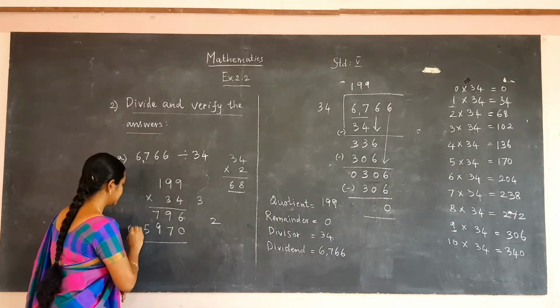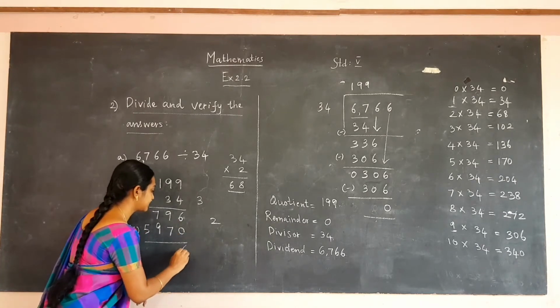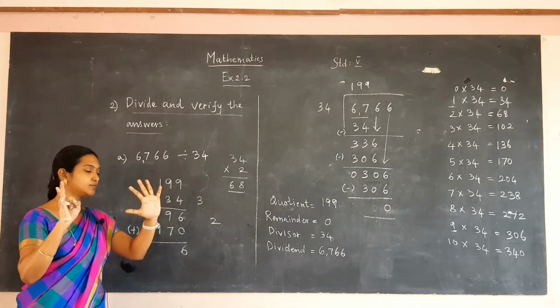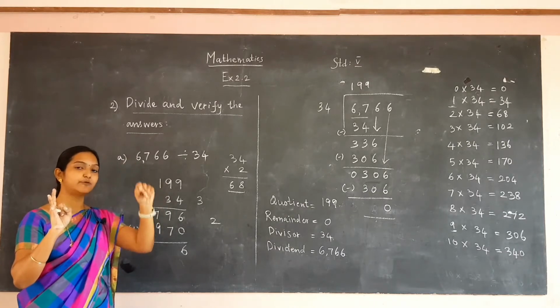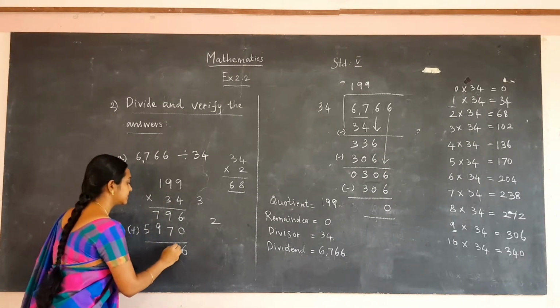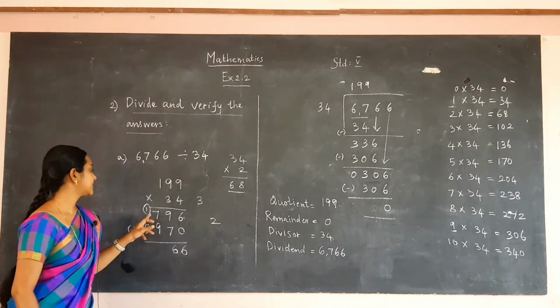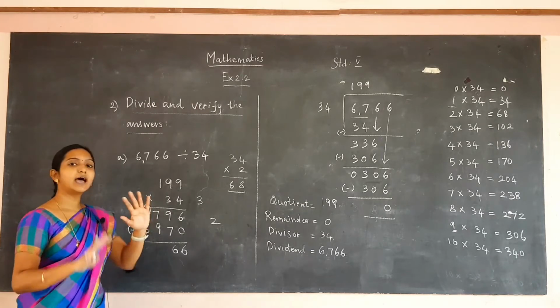Now we are going to add these two numbers. 6 plus 0 will be 6. Keep 9 in mind and 7 in fingers. Start counting from 9, 10, 11, 12, 13, 14, 15 and 16. 6 here and 1 in the next place. 7 plus 1 will be 8. Now keep 8 in mind and 9 in fingers.